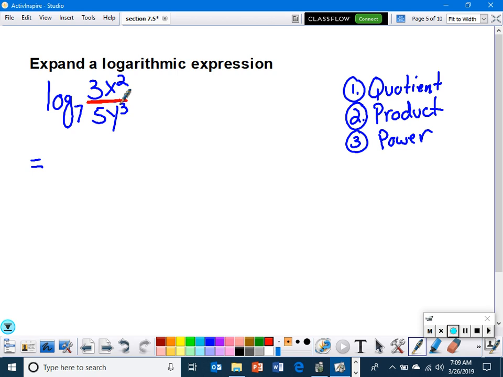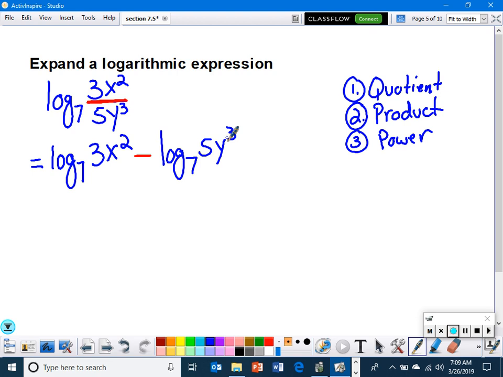So I'm going to rewrite this. Here we go. So log base 7 of 3x squared. The quotient property says put a minus sign. Log base 7 of 5y cubed.